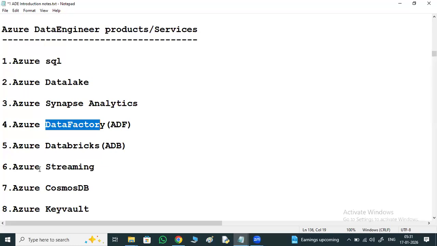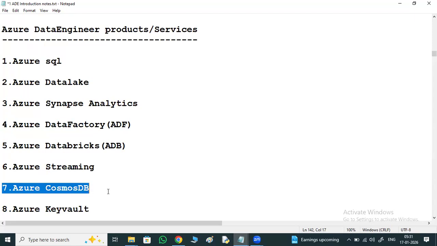Azure Streaming is for capturing or processing high volumes of streaming data. Azure Cosmos DB is just like MongoDB, a cloud-based NoSQL database.